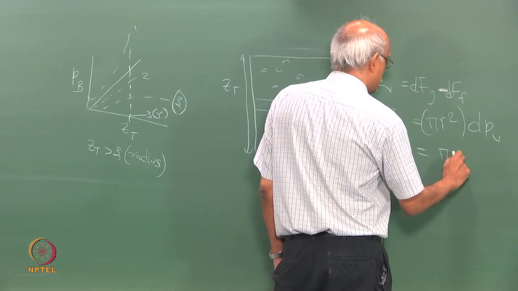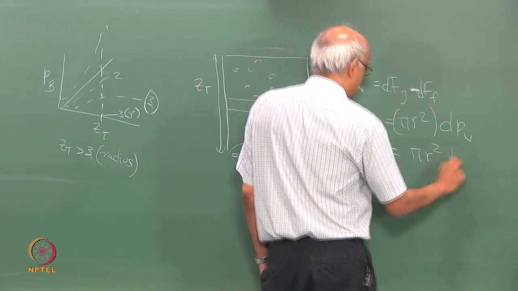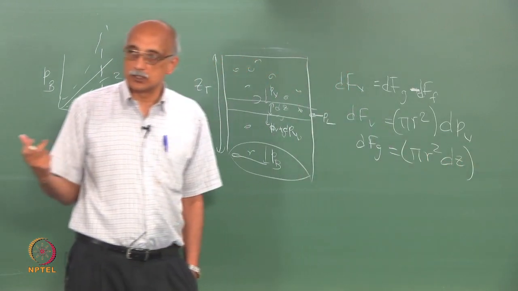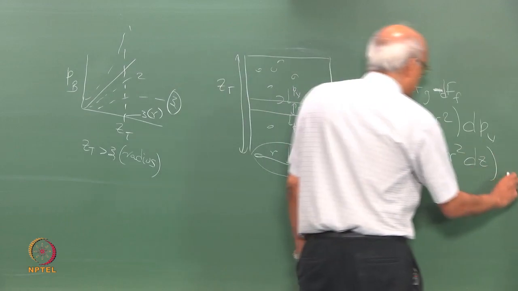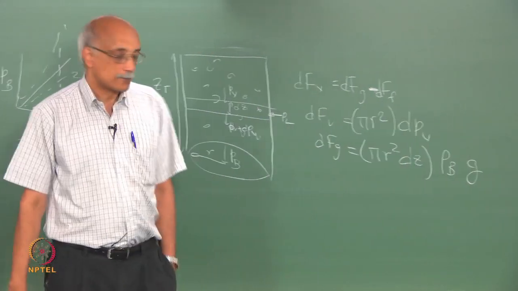So, that is equal to pi r squared times dz, which is the volume of the element, multiplied by the bulk density rho b times gravity.